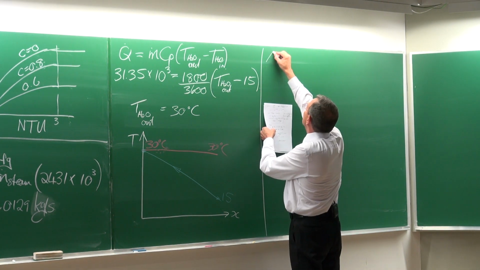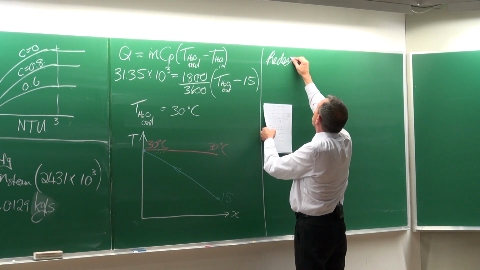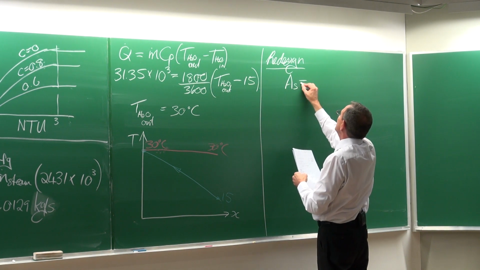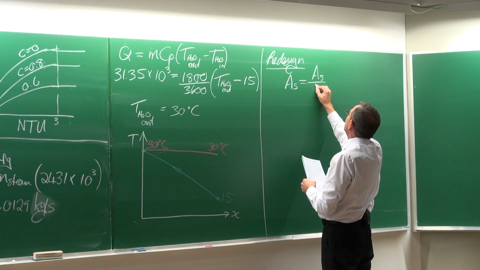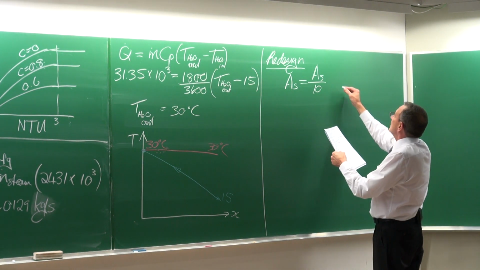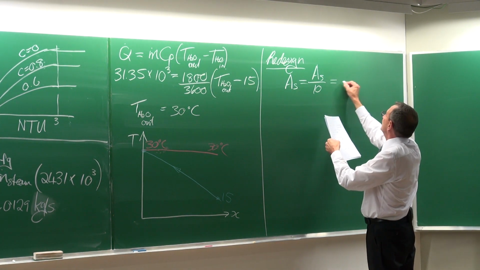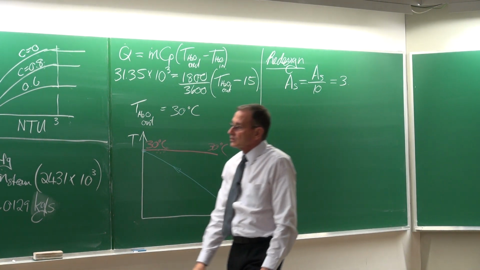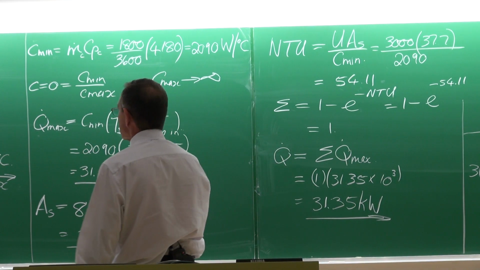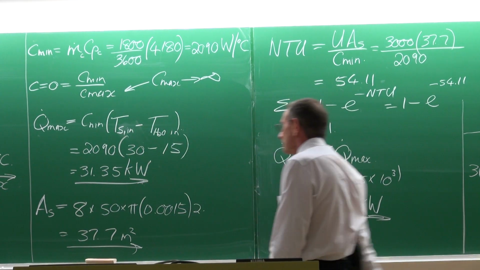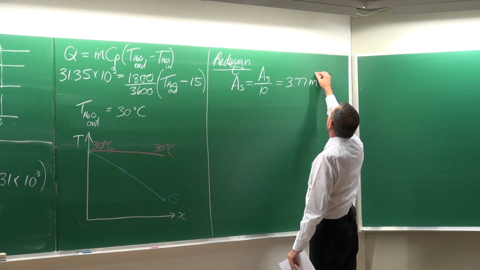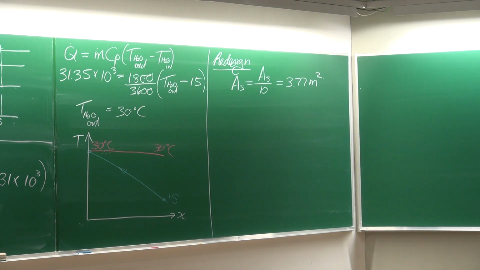We're going to say, in terms of the redesign, at least the minimum, let's change the surface area and make it 10 times smaller. That's we're going to make it not, what was it, 37.7, we will make it 3.77 square meters. So it's 10 times less.